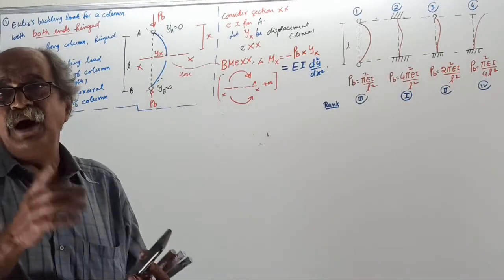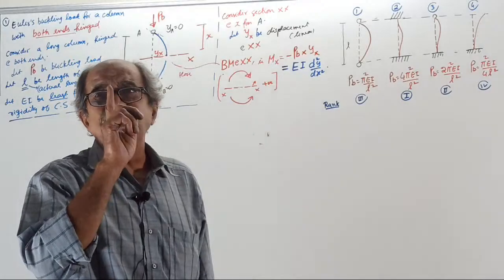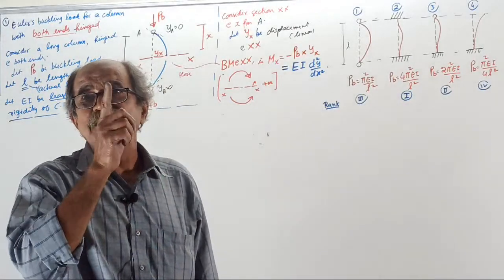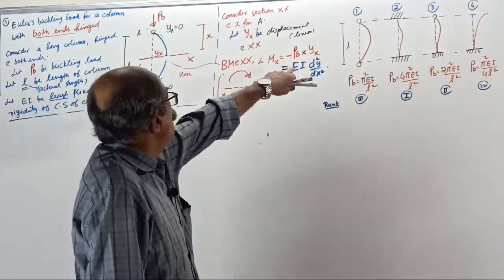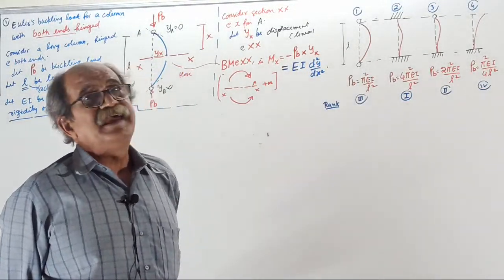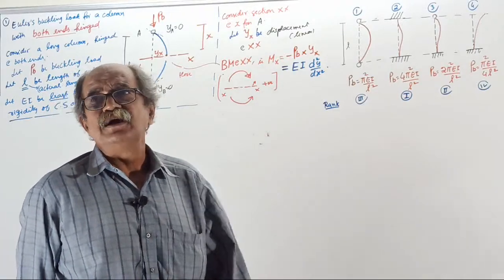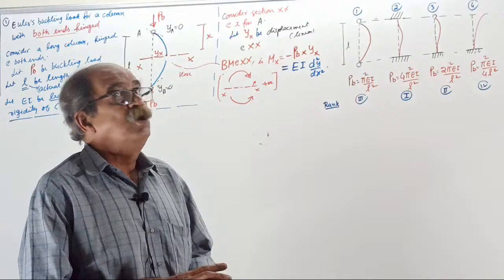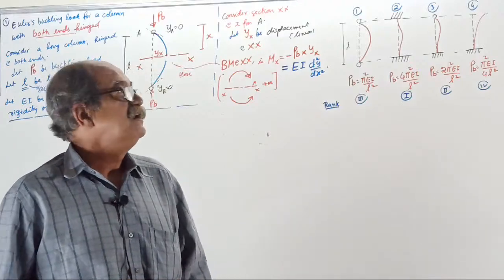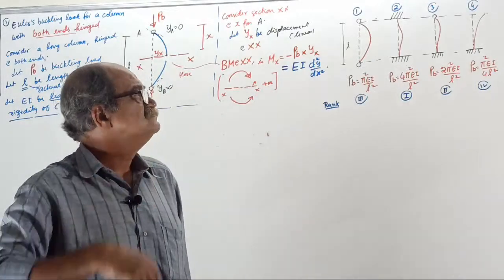I will tell you one thing. No indeterminate structure can be solved without using this condition. Some people will tell, sir, I can solve using the 3-moment theorem. Okay, derive it. Then he will tell, oh no, sir, there also we use it. Okay, I will use the moment distribution method. Okay, use it.